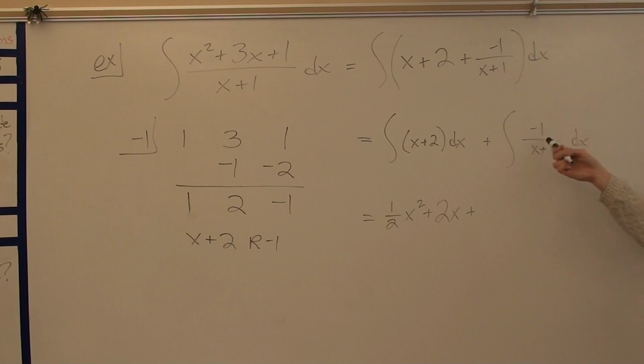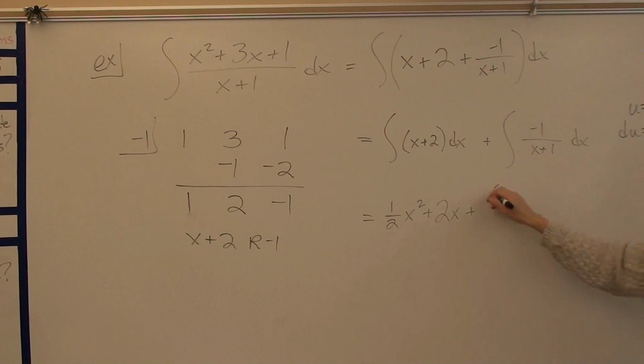So here's the thing. I know that the answer to this is negative natural log of the absolute value of x plus 1. If we do a quick U-sub on this, we let u equal x plus 1, du would just be dx. Constant or no constant, it's going to 0, right? So what you'll end up with here is the integral of -1 over u du.